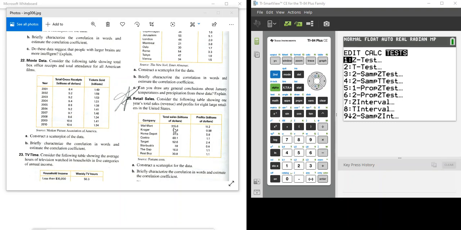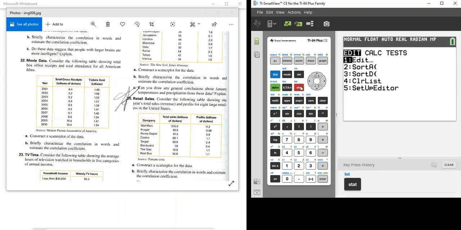So we want to compare these 2 quantitative variables, total sales and profits, and we're going to plug this into the calculator. First, we're going to look at the TI-84.